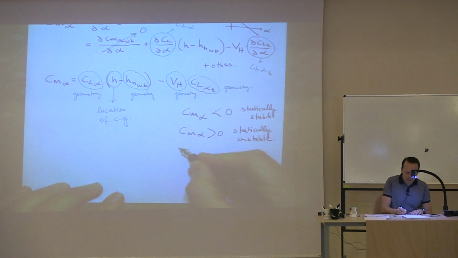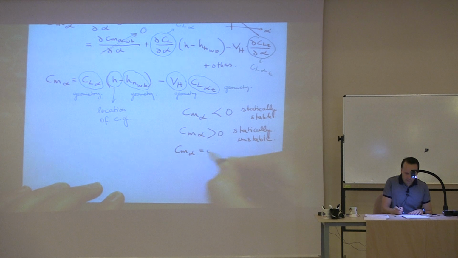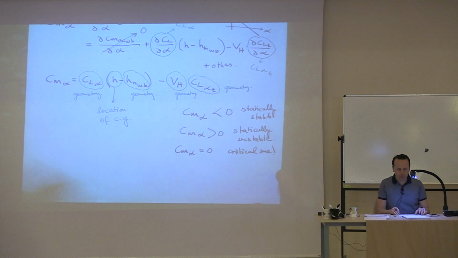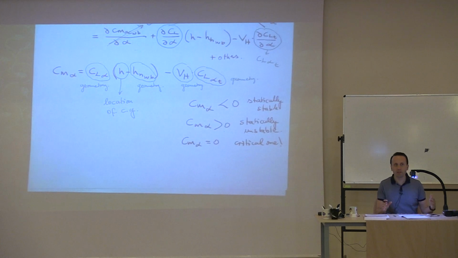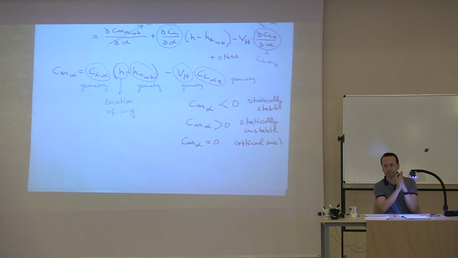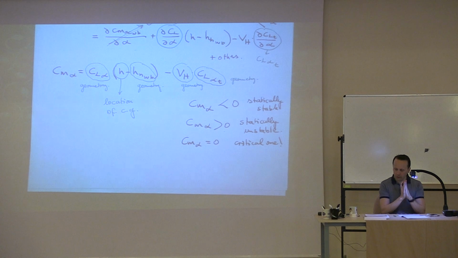If Cm alpha is equal to 0, that's a critical one. If I move the CG over here, we are right at the boundary, which means a little bit to the left or a little bit to the right will make it stable or unstable. That's what we are after here.